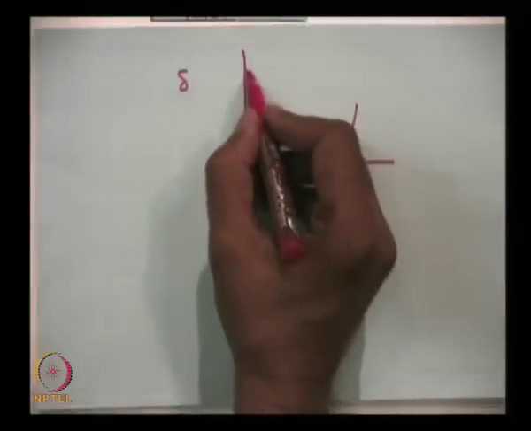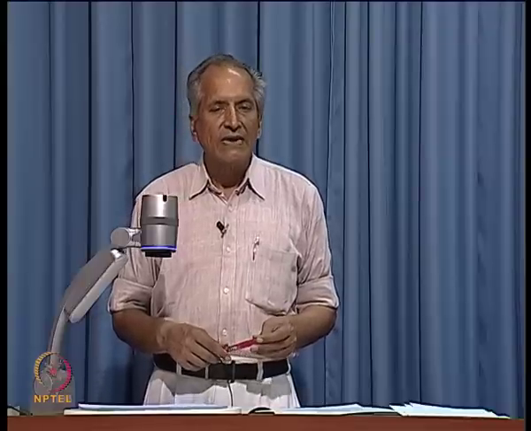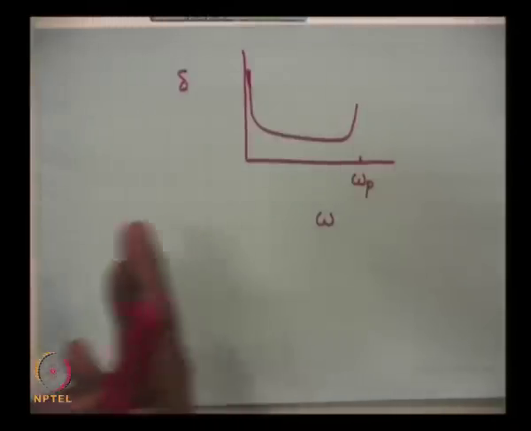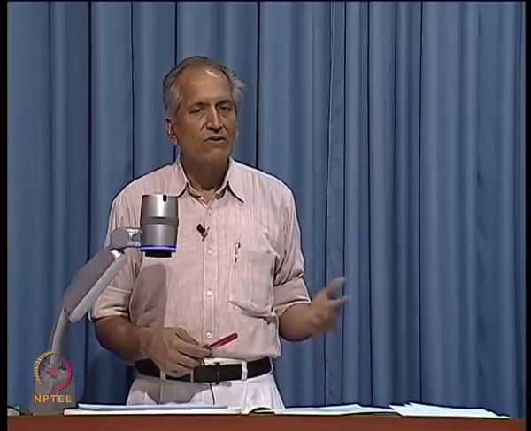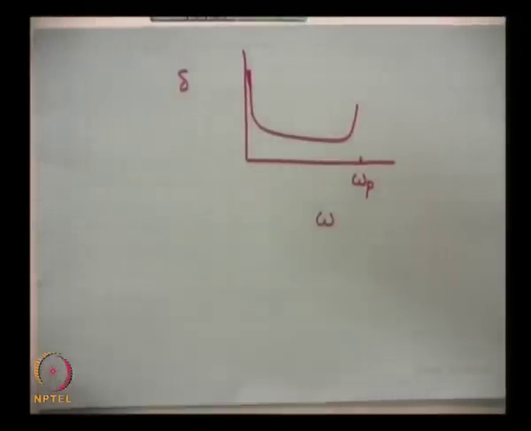So skin depth could be quite large at very low frequencies, like if you are sending a wave of radio frequency like 10 megahertz in a solid or in a high density plasma. In that case, skin depth could be quite large, several centimeters, whereas the same metal at microwave frequencies will have a very tiny skin depth, maybe of the order of a few microns. So skin depth is a very strong function of frequency.